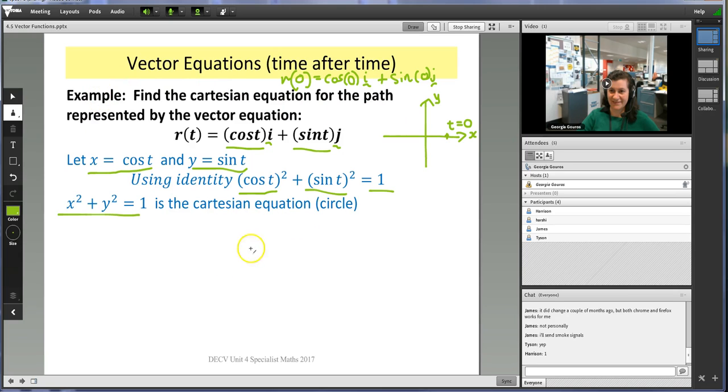Okay, let's put in some other values in here. Let's put in pi on 4. So when we put in t equal to pi on 4, where is this object going to be? It's going to be at cos pi on 4 i plus sine pi on 4 j. So where's that going to be?